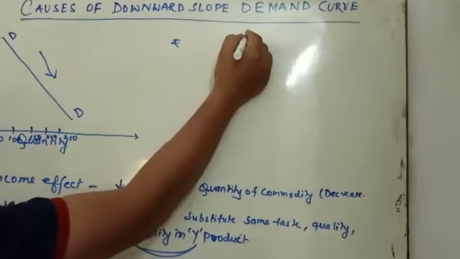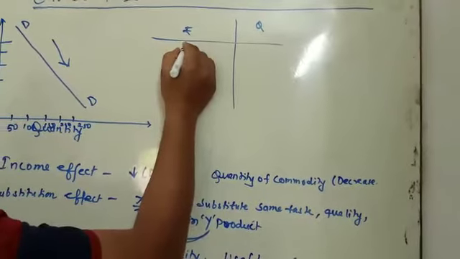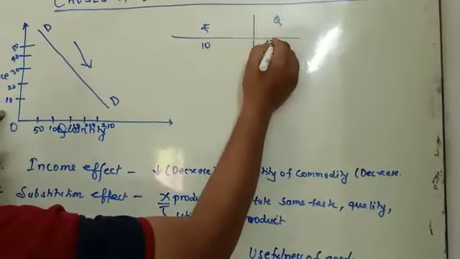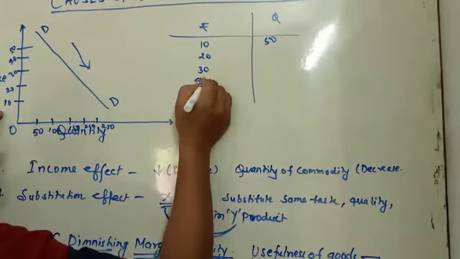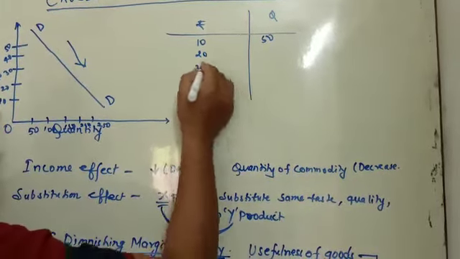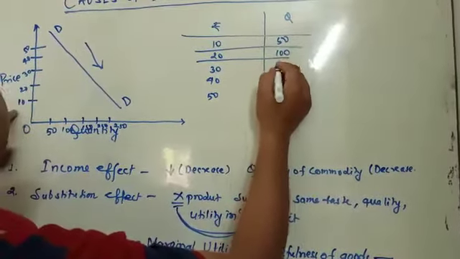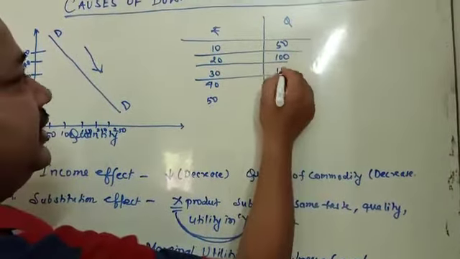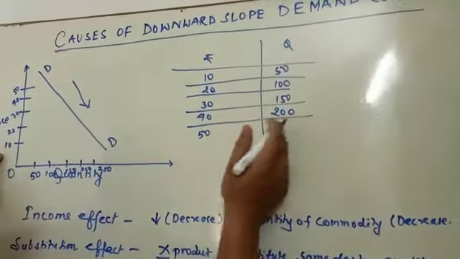Price, quantity. What is the schedule here? At 10 rupees, you are purchasing 50. At 20, 30, 40, 50. At 50, you are purchasing 100. At 30, 150. At 40 rupees, you are purchasing 200.